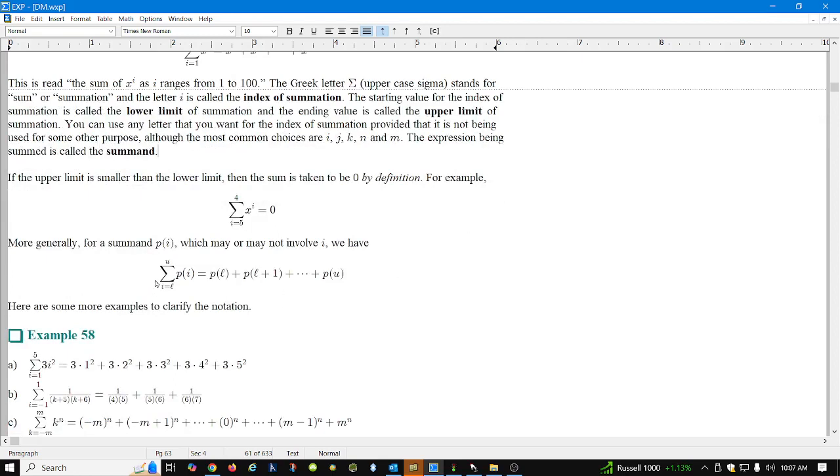In general then, this is what the notation looks like. The sum as i goes from L, the lower limit, to U, the upper limit, of an arbitrary summand P of i is P of L plus P of L plus 1 and so on up to P of U.